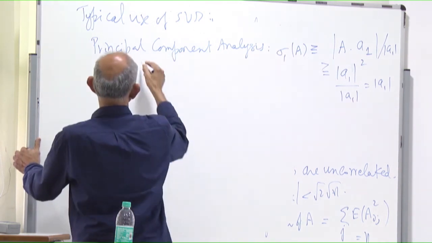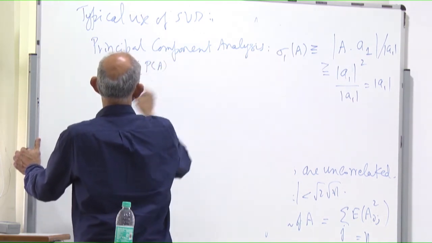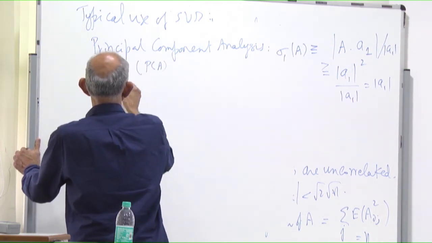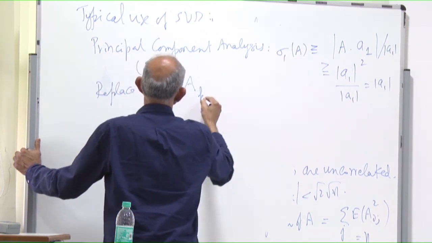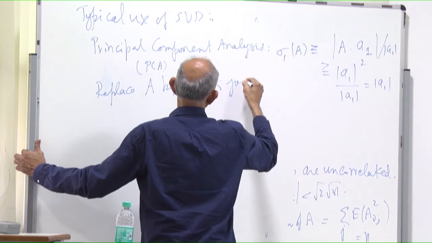And principal component analysis, or PCA, says replace A by A_k and just compute with A_k.